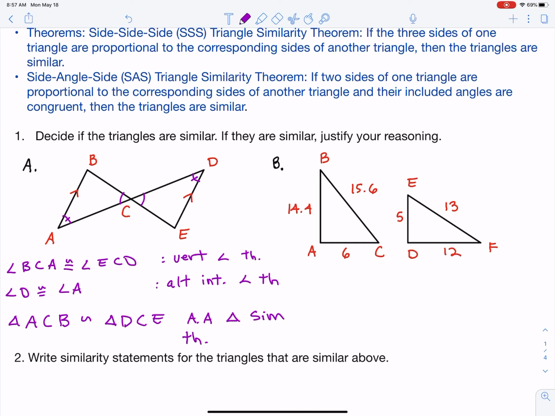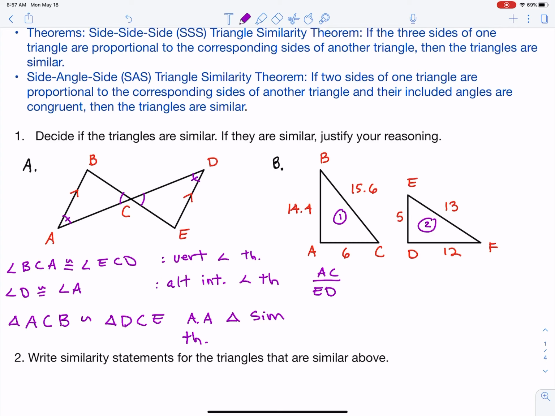is the ratio of AC over ED, right? So let's just for naming's sake, I'm going to call this triangle 1 and this one triangle 2. So I'm looking at the ratio of the small side of triangle 1 to the small side of triangle 2.